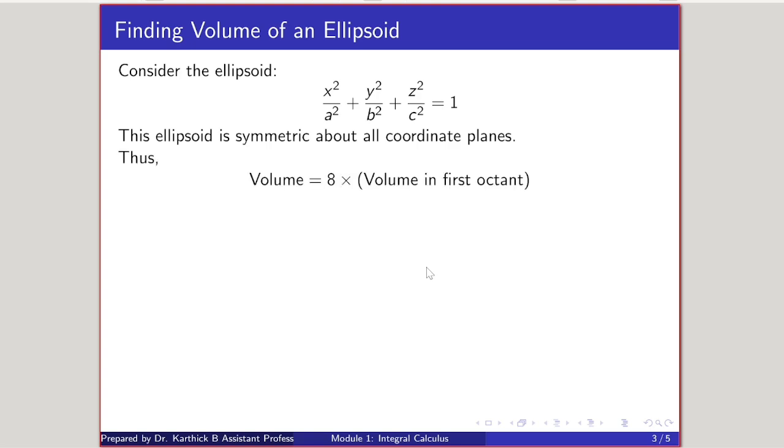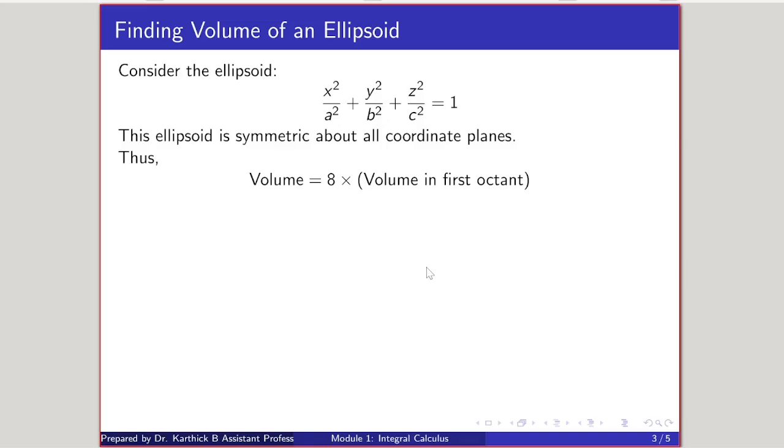So, simply I'm giving the idea as same as the sphere. What we do there, we split a sphere into 8 equal octants, and if I find the volume of the first octant and multiply it by 8, then I will get the volume of the total ellipsoid or sphere, the same thing.